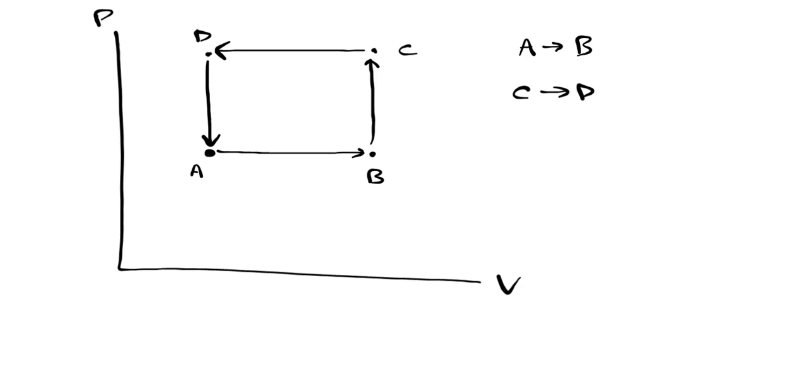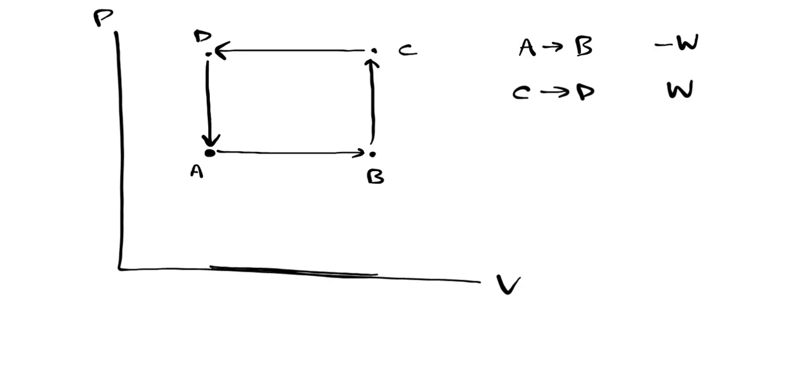The work done on the A to B path is from left to right, so it's negative, and the work done from C to D is positive. They're not even the same sign, and I think it's clear that C to D, the height above the axis, is bigger, so it encompasses more area. So you have some positive work being done from C to D and a lesser amount of negative work being done from A to B.